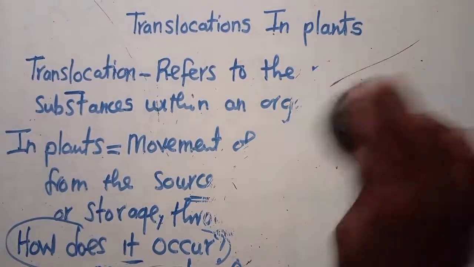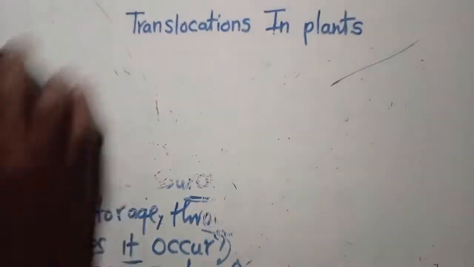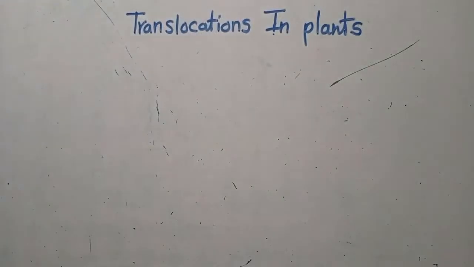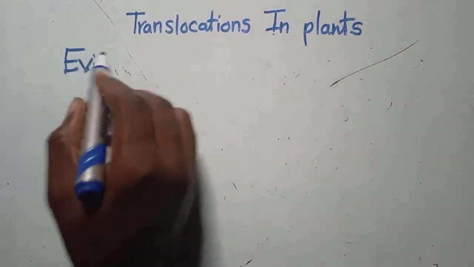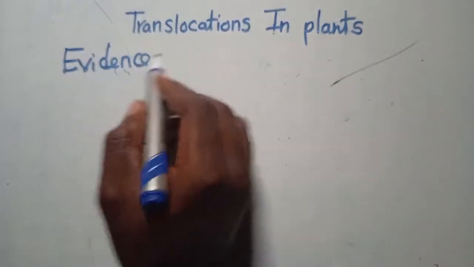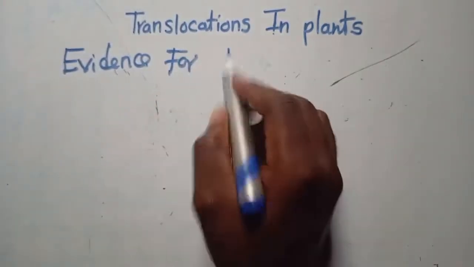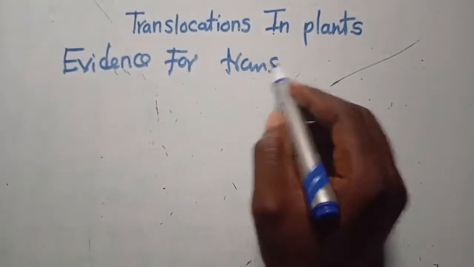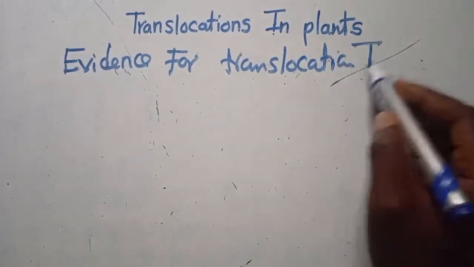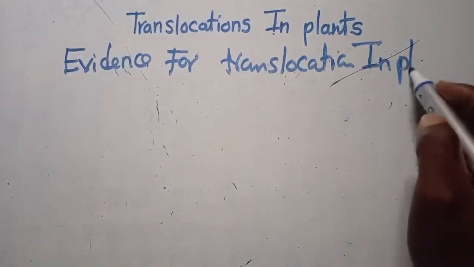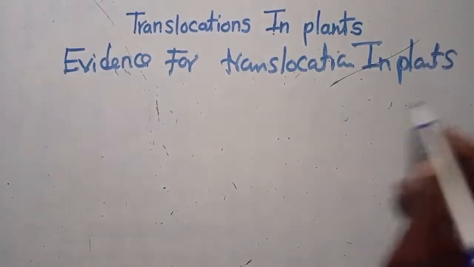You can have a question where they tell you, give us evidence to say that this is a translocation. Evidence for what? Evidence for translocation. Specifically, we are talking about what? We are talking about plants.